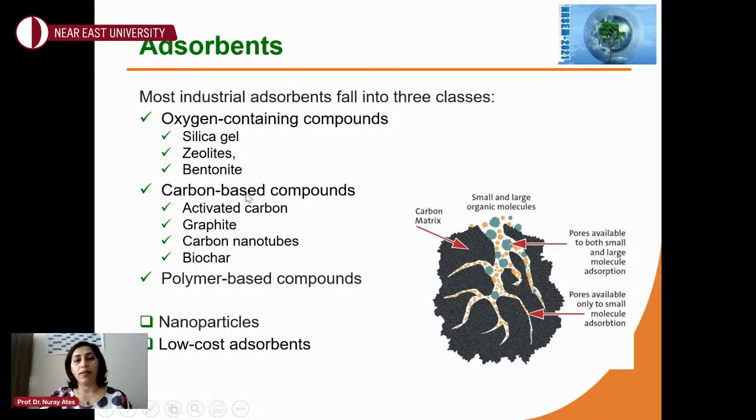Carbon-based compounds include activated carbon, graphite, carbon nanotubes, and biochar. And the other group is the polymer-based compounds. Besides these adsorbents, nanoparticles and low-cost adsorbents, mostly derived from organic waste, are used as adsorbents in adsorption processes.